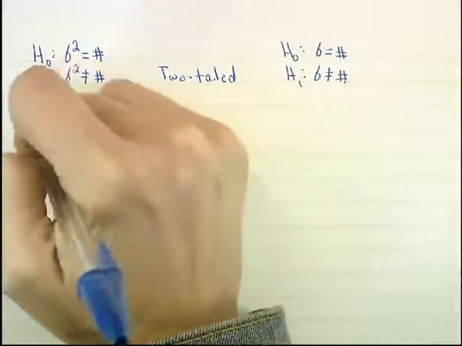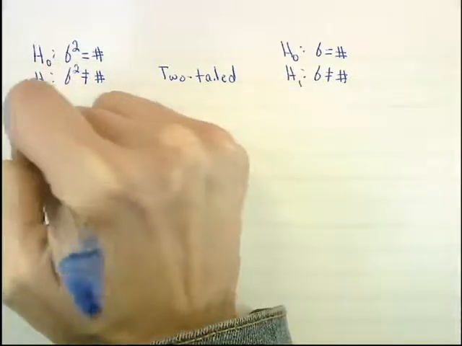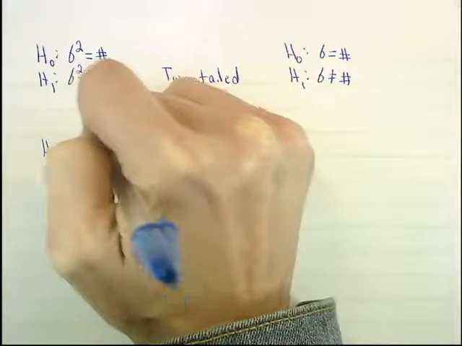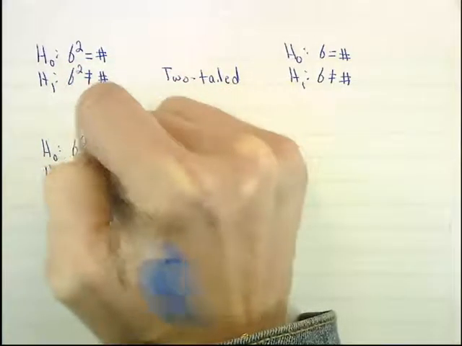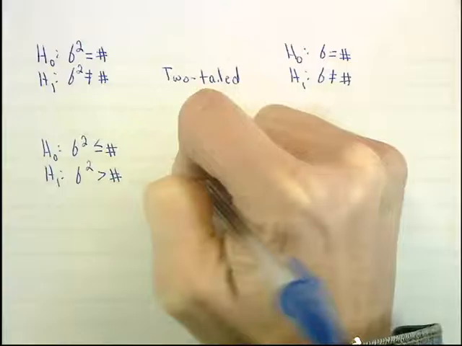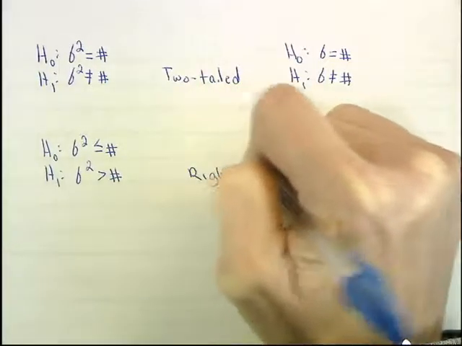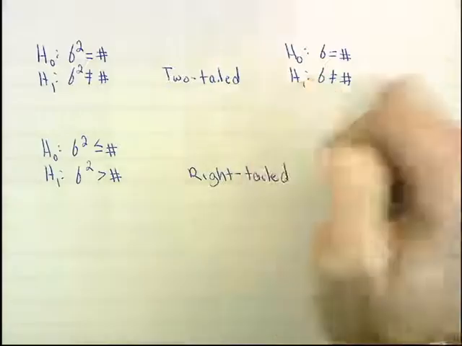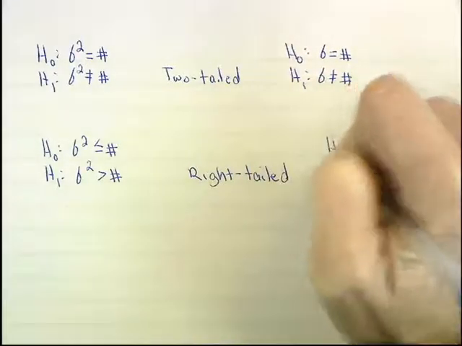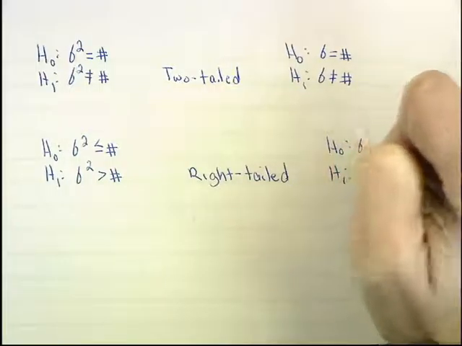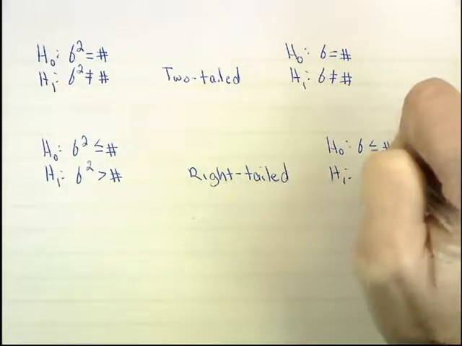And then for the right-tailed, excuse me, sigma squared is less than or equal to a number versus sigma squared is greater than a number. That's a right-tailed chi-square test. And if you're speaking about true standard deviation, then it's sigma less than or equal to a number versus sigma greater than a number.